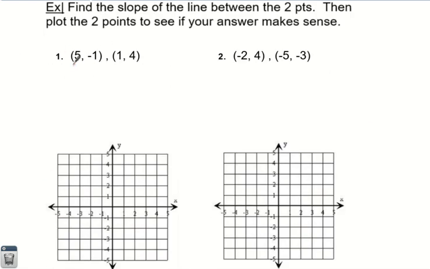this is my first point, so that's my x1, and that's my y1. And this is my x2, and that's my y2. And so for my formula, I'm going to do y2 minus y1. And already we see this minus a negative situation.